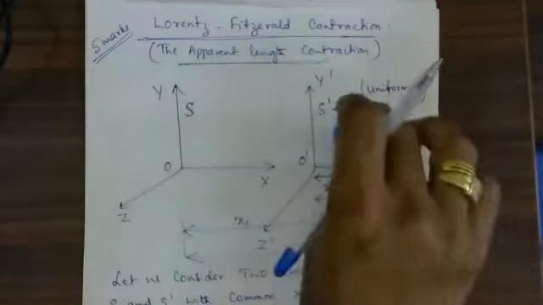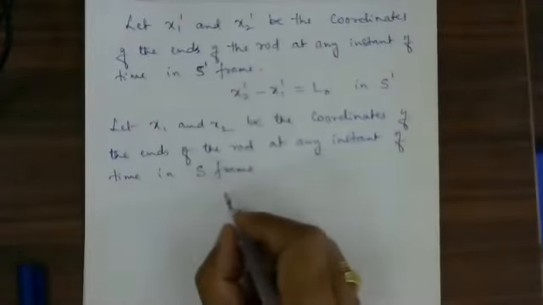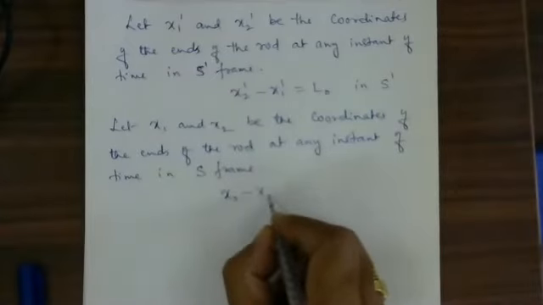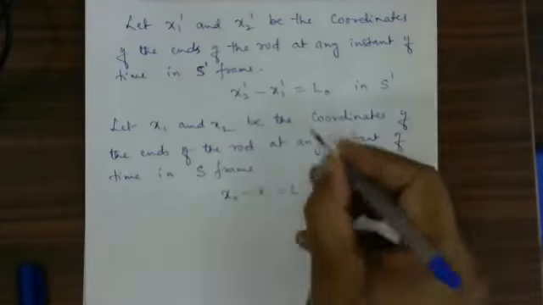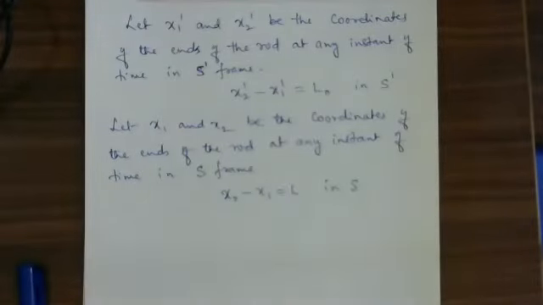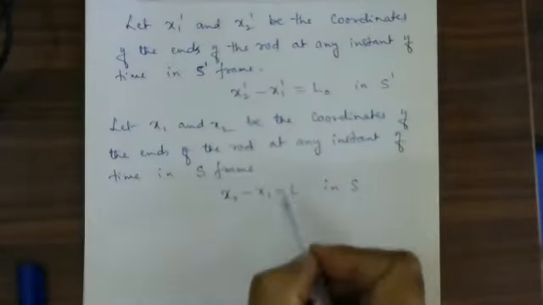Okay, so in this case I will take x2 minus x1 is equal to L. This is in the frame S. These two are not one and the same. They are not equal to each other. This is larger, this is smaller.